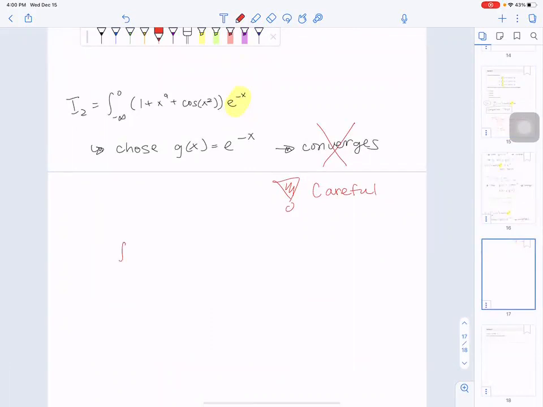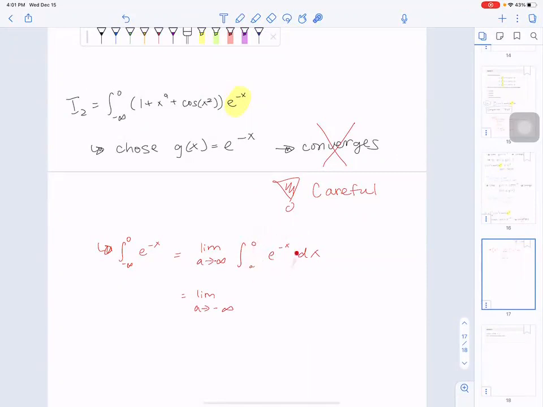So if you were going to look at the integral of e to the negative x, our bounds are negative infinity to 0. We chose g of x equals this. We want to find out, does it converge or diverge? So how would you do this? You can use the normal improper integral rule: limit as a goes to negative infinity of the integral from a to 0 of e to the negative x dx. What is this integral?